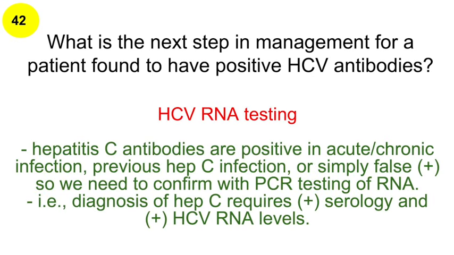So, hepatitis C antibodies are positive in the acute and chronic phases of the infection, previous Hep C infection, or simply false positive. So, we need to confirm with PCR testing of RNA. So, basically, to diagnose Hep C, you need both positive serology and a positive HCV RNA level.